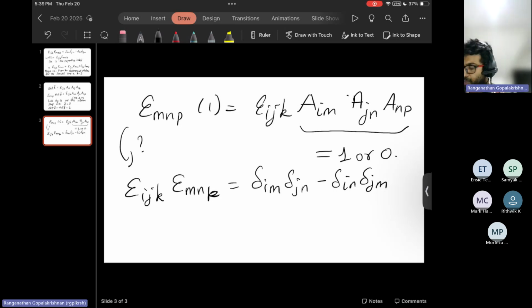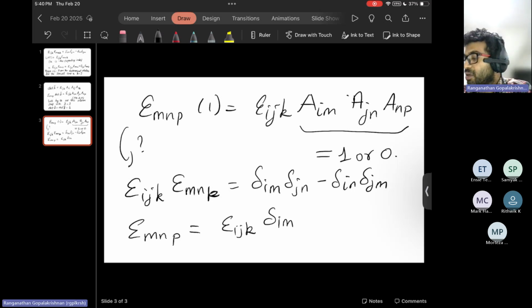Okay, I'm going to try something here. So we have the relationship for epsilon mnp, which is epsilon ijk times, what is aim? Aim is nothing but delta im. Why? That identity matrix or identity tensor has only elements 1 or 0. So A can take only values 1 or 0, and it will take the value 1 only if i equal to m.